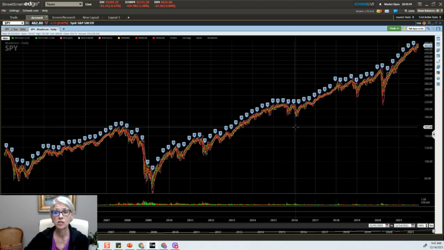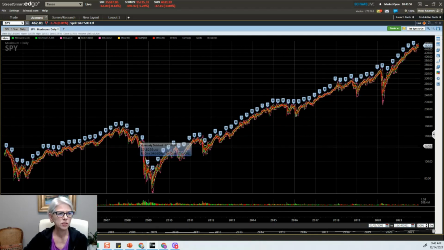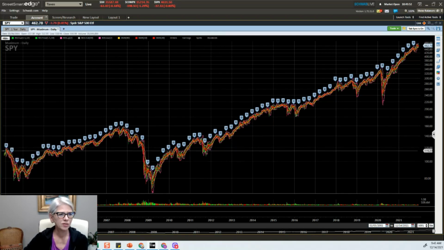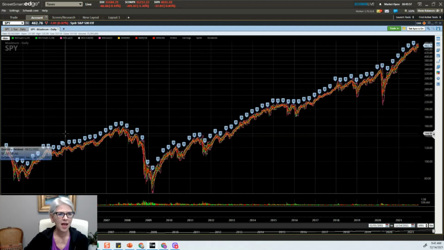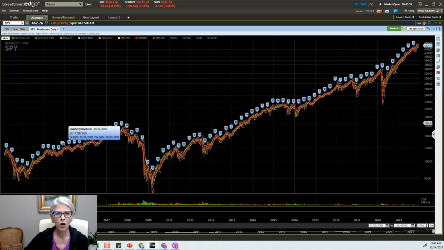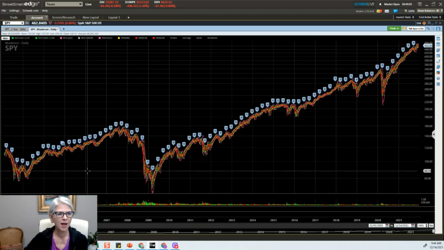If you look at an individual stock, for example, it would have been adjusted for stock splits and that type of thing. SPY is just the index, so here is the price movement of it. And these little D's on here are the dividends that were paid out from the SPY index.